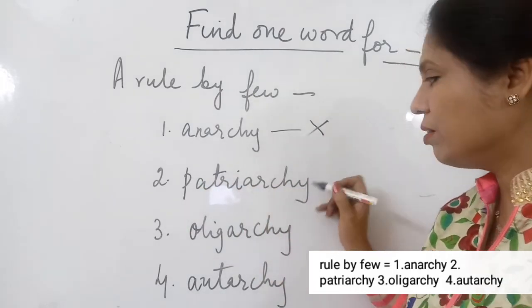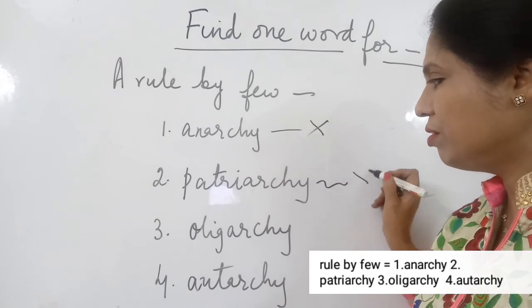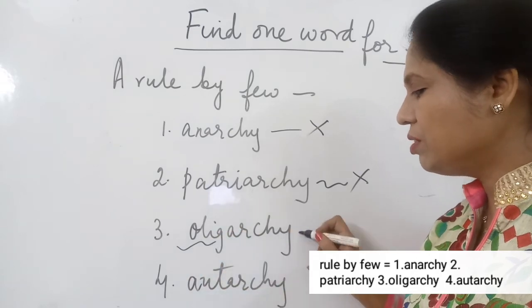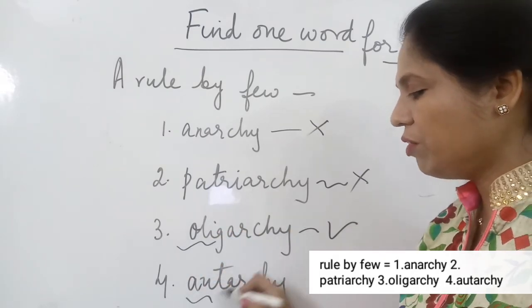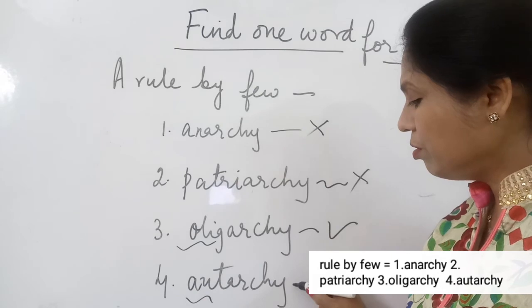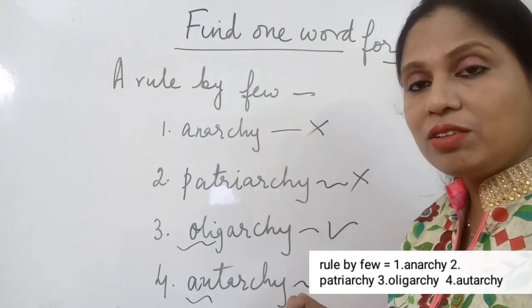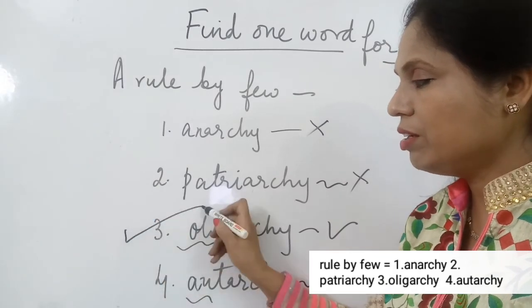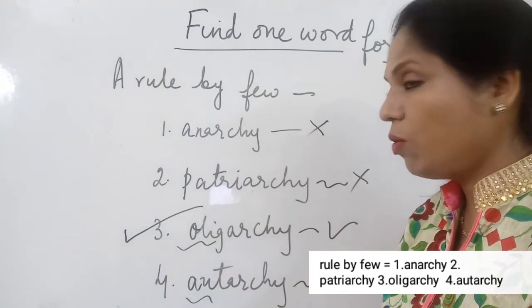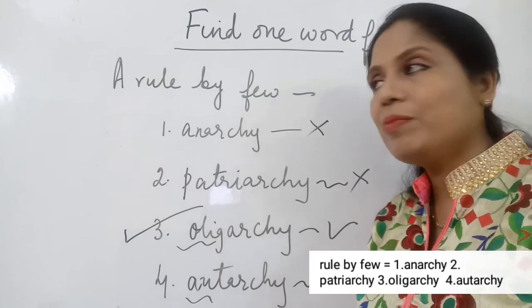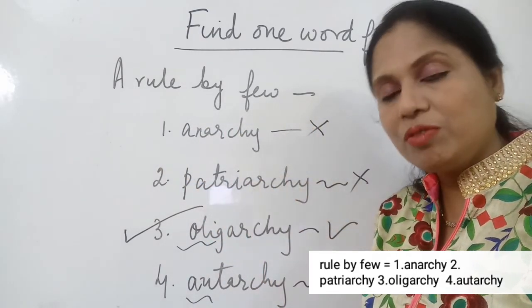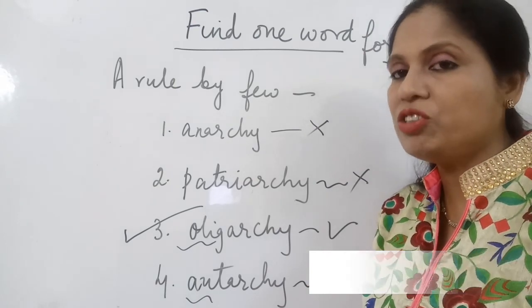Patriarchy is a rule by a father figure, so patriarchy, no. Oligarchy means the rule by few, and autarchy is to rule as a dictator or dictatorship. So my answer here to this question is oligarchy, which means a rule by few people. Obviously, they are rich and influential people.